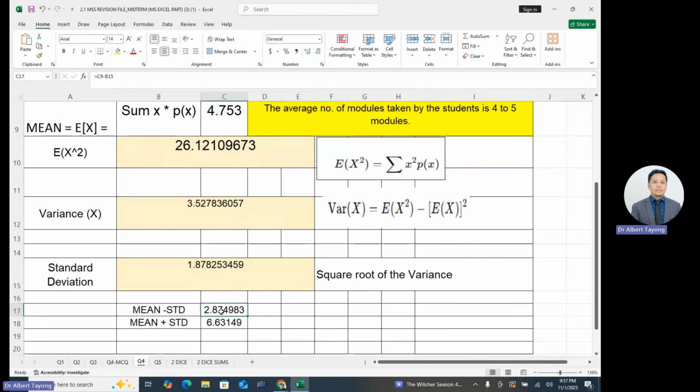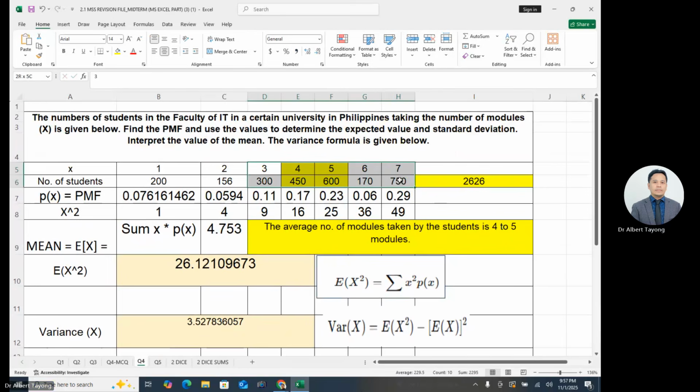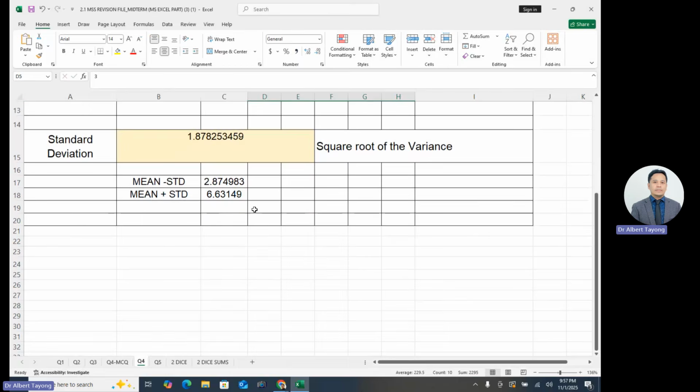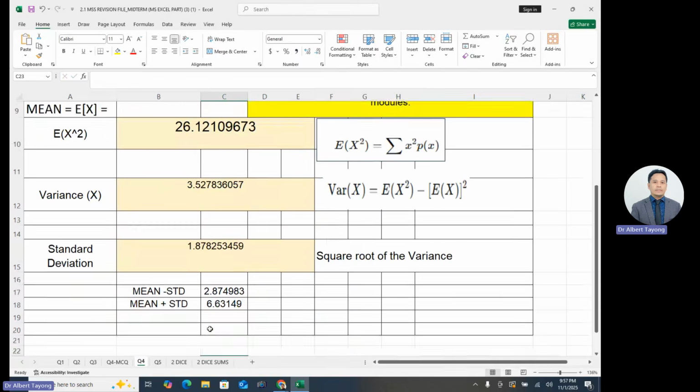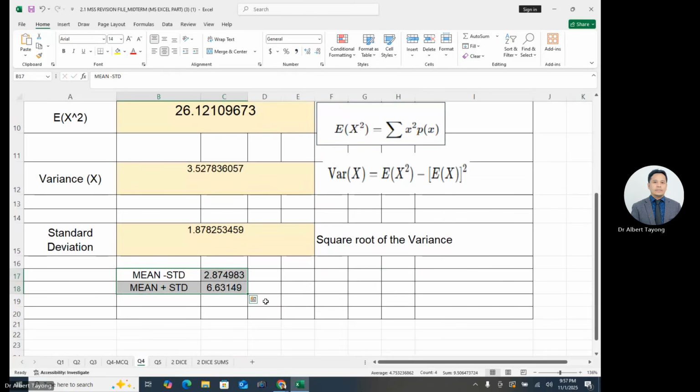So approximately like 2.8 or 3 to 6.6. So 3 to 7. So most of the students are taking 3 to 6 point something, that is 7 modules. That's the meaning of that. But I did not ask this.